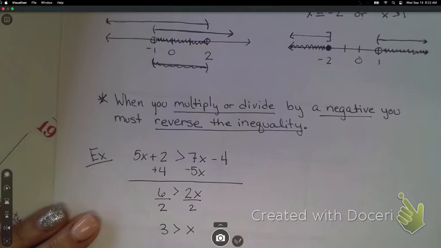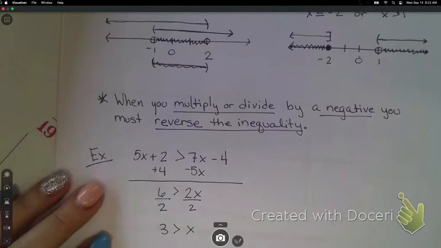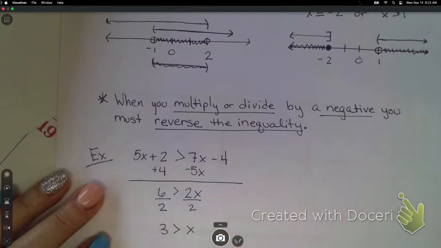So 0, 1, 2, 3. Open or closed at 3? Open. And to the left or to the right? Left. It's closed to the x, so that's less than, so it's to the left.